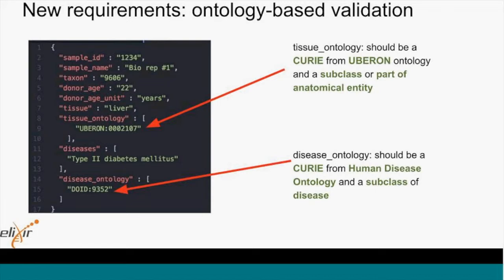We can specify an ontology ID, and we have a little piece of software which is part of that validator, which is going to make sure that the disease is part of the disease ontology tree, and that term exists. This has been extremely useful, specifically for the Human Cell Atlas, and it's proven so useful that the JSON schema developers are actually adding that type of validation in the new version of JSON schema, draft 8, that's coming out sometime. So this has been working very well, and we're very happy with that specific outcome.